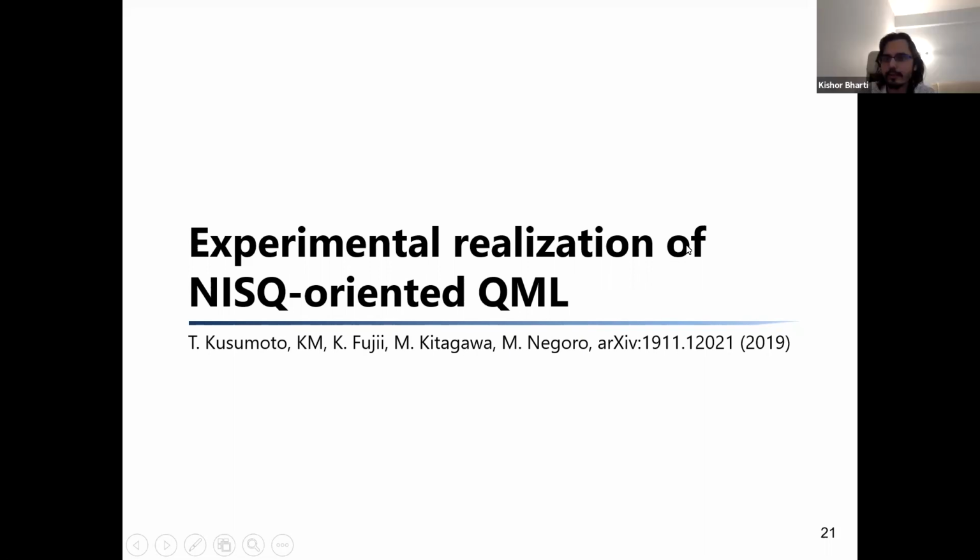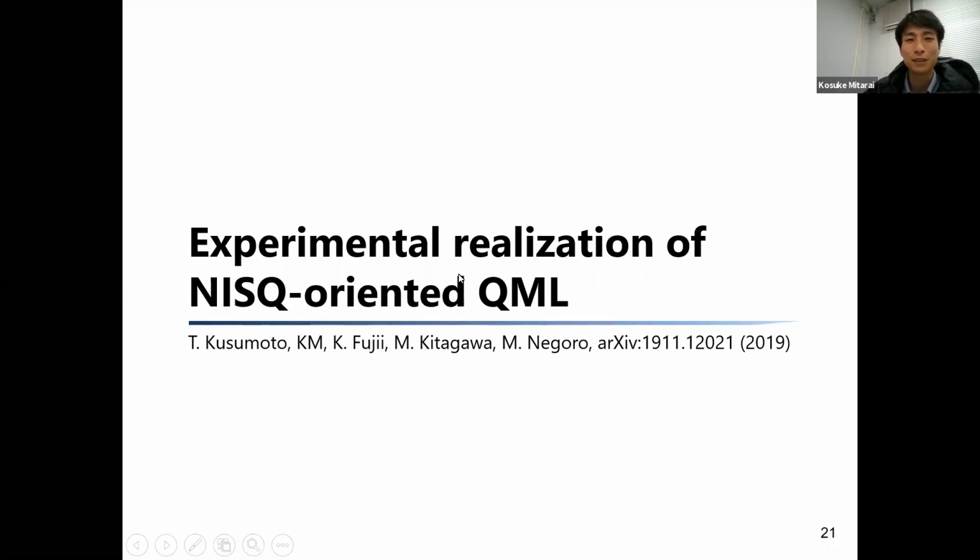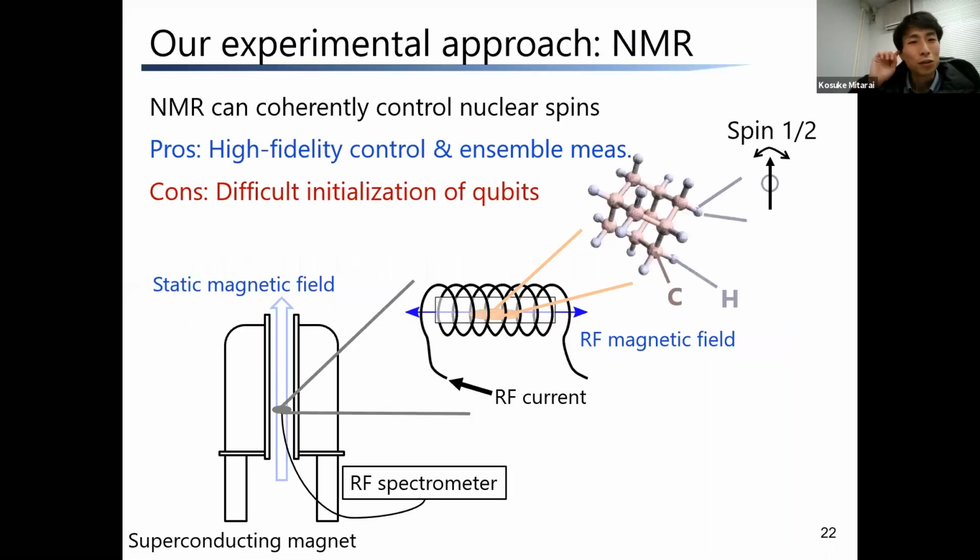At times we have experimentalists also. I expect that probabilistically there might be some. Well, I will talk about the experiments on these quantum machine learning techniques. What we use in this experiment is NMR.